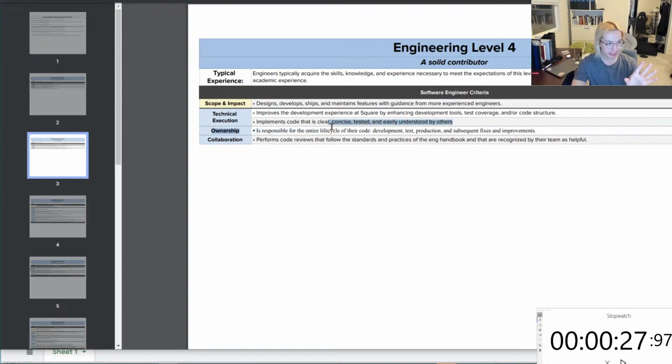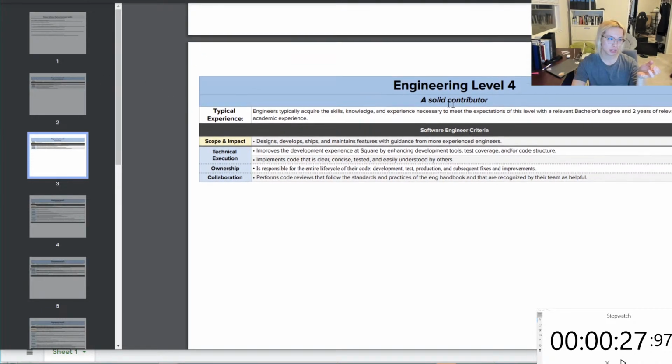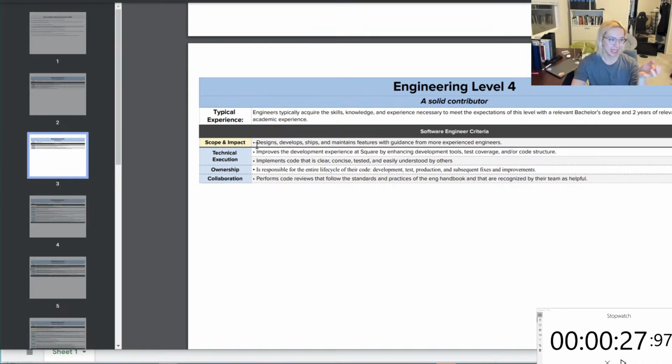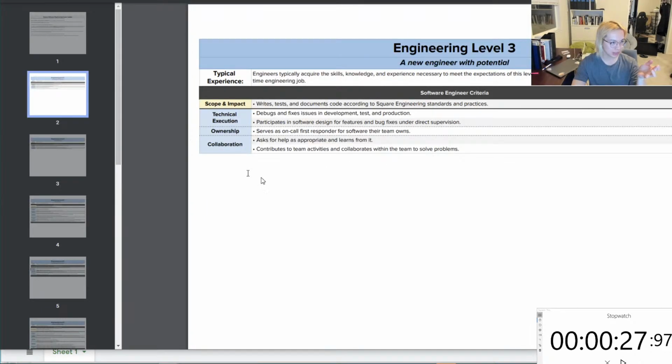I'm going to sprinkle in that I'm responsible for the entire lifecycle of the code. I'm going to sprinkle in that maybe the code is concise and understood by others, that there might be a little bit of refactoring involved. Maybe there's a little bit of going back and forth on the design. Or not all of this, but at least have some of this in here alongside making sure I hit all these. That's the secret sauce. Make sure you stand out.